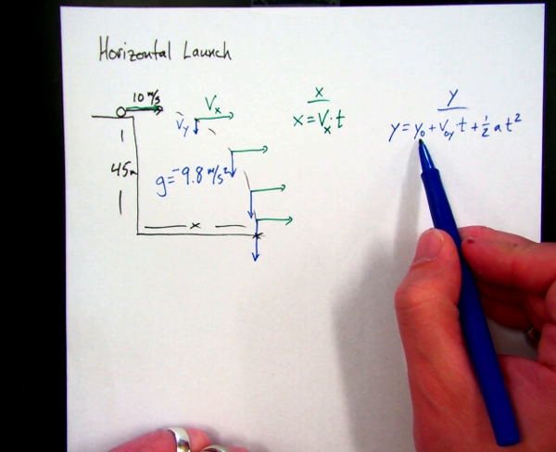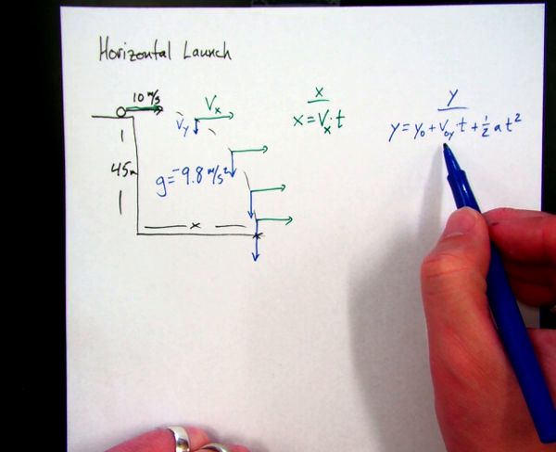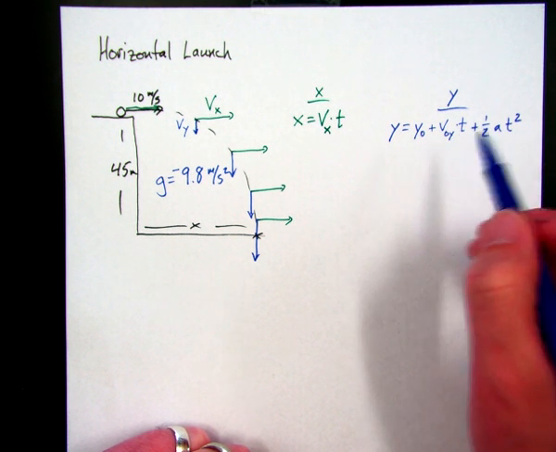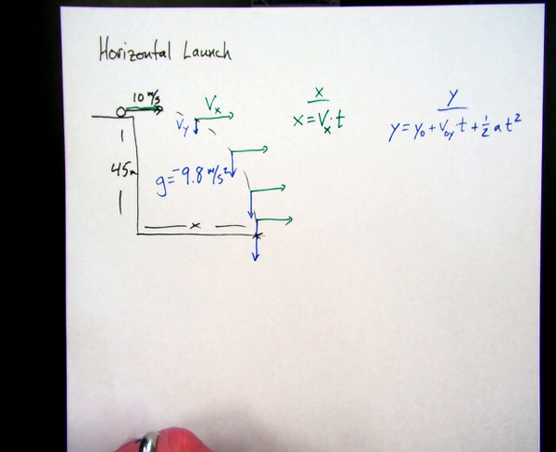This is the initial height, or y naught. This is the initial velocity in the y direction, called v naught y. And this acceleration, since it's a projectile, the only acceleration it experiences is g, or negative 9.8 meters per second squared.